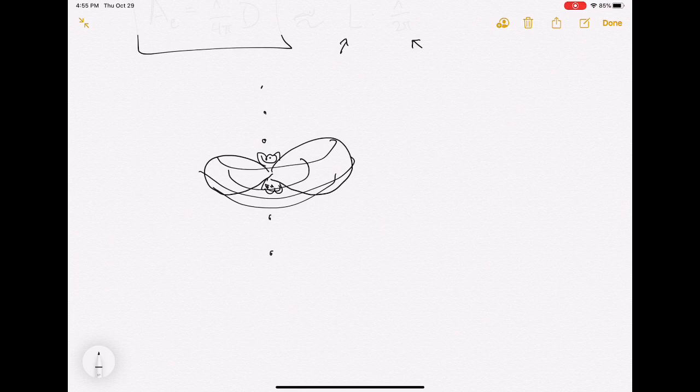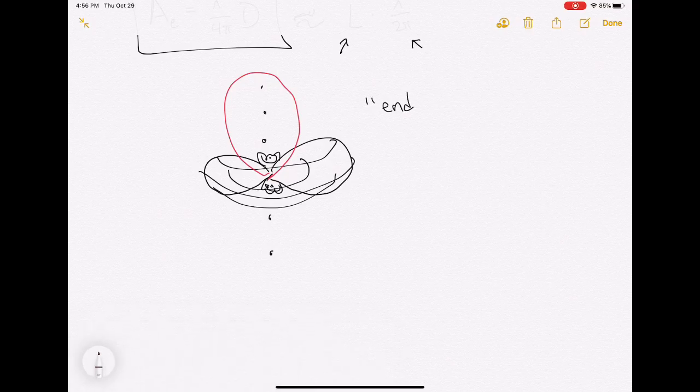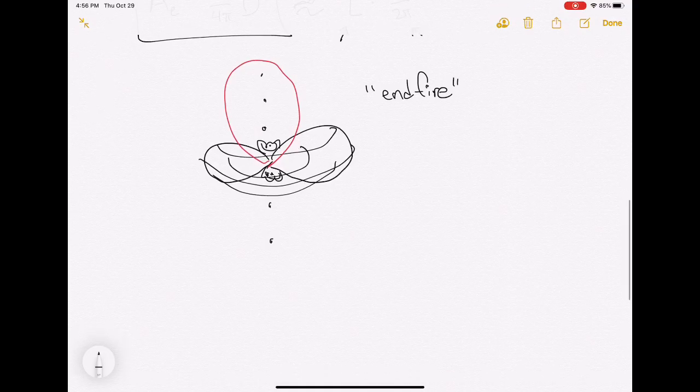What if you wanted to have the array so that the beam just points along one direction like this? You can do that. That is called Endfire. Pretty self-explanatory. Endfire is when the main beam is just along the axis of a linear array. There are a couple different ways to realize this.